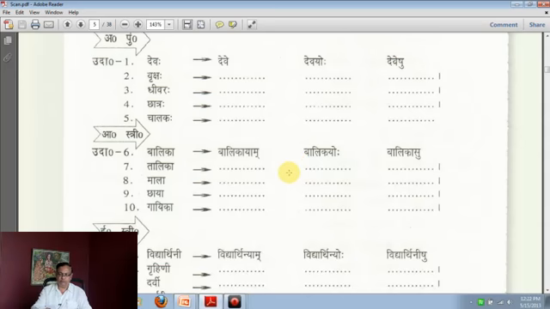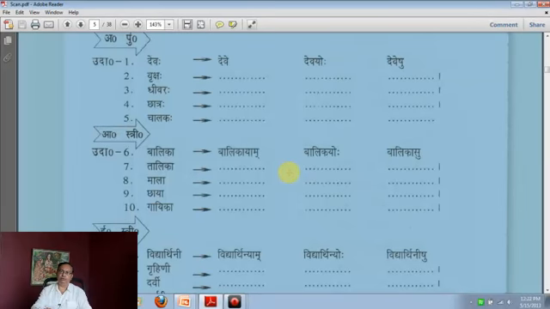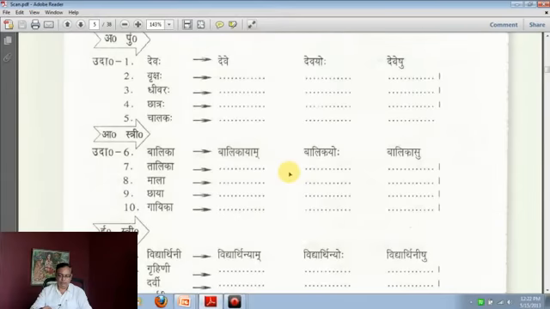Shu mostly comes for masculine, Shu. Deveshu. Then we do the seventh one. We can read Talika. Talikayam. Talikayoho. Talikasu. What is Talika? A palm tree.